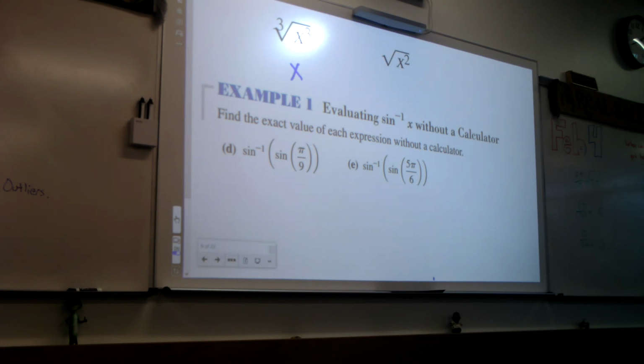The answer is it could be, right? But it also could be a negative x. Let me show you what I mean. Let's say my number is negative 5. What is negative 5 squared? What's the square root of 25?